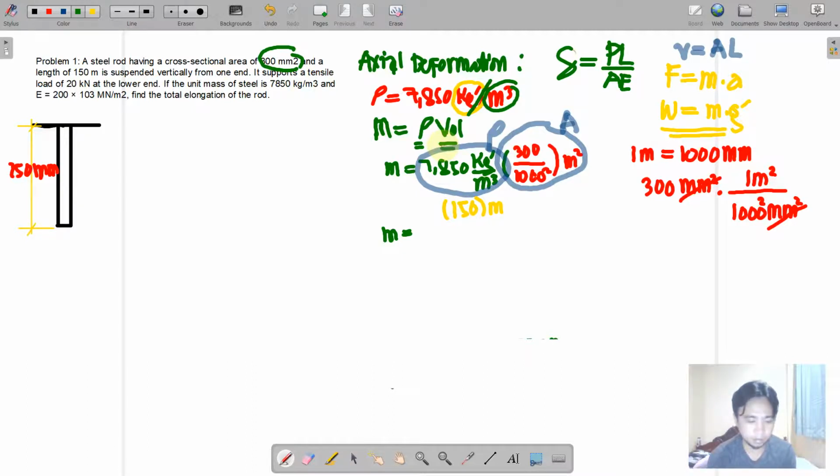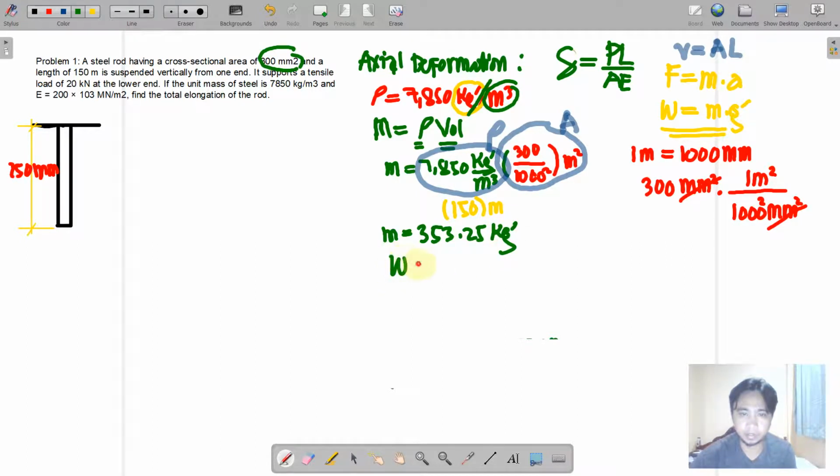7,850 times 300 times 150 divided by 1000 squared. So we have a mass of 353.25 kilograms.